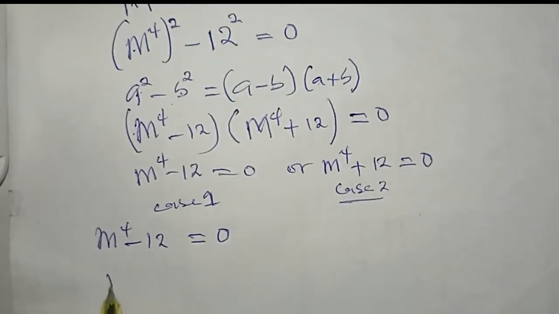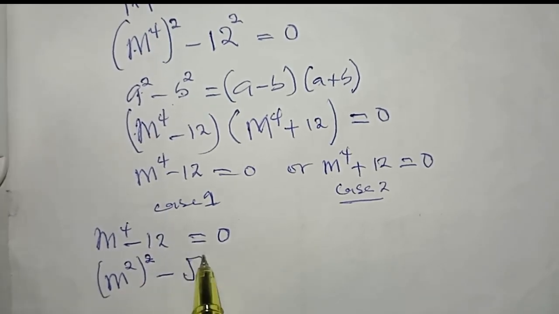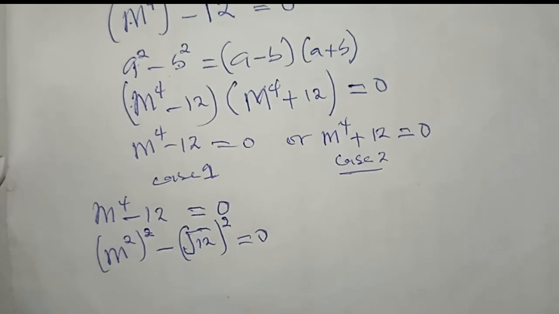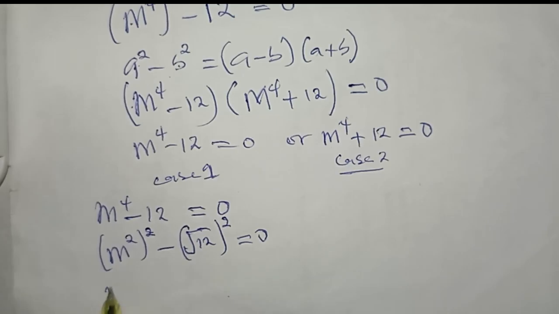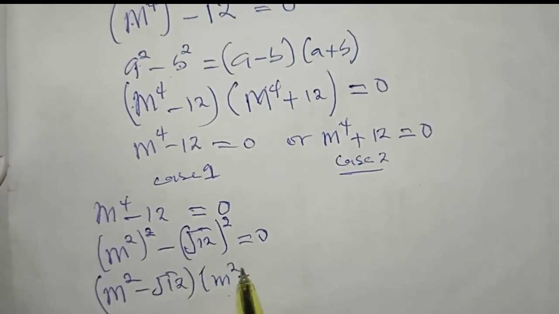I can go ahead to write this m power 4 as m power 2, all squared, minus, I can also write this 12 as square root of 12, all power 2, is equal to 0. So using the difference of two squares again, this will change to m power 2 minus root 12, multiplied by m power 2 plus root 12, is equal to 0.